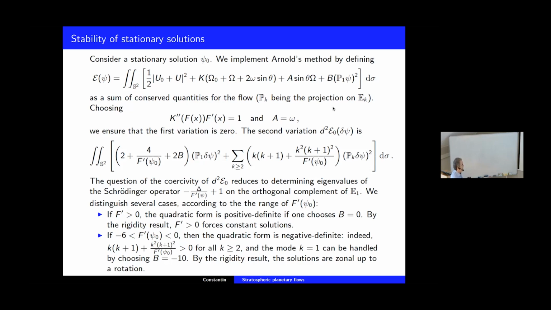If f prime is between 0 and -6, these are the rigidity results that tell you these are rotated zonal solutions. This expression is positive for all k greater or equal to 2, and you can handle the mode k equal 1 by choosing b equal -10. So there are some stability results that come out with this method.